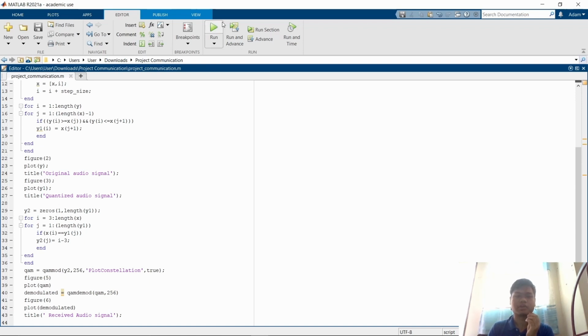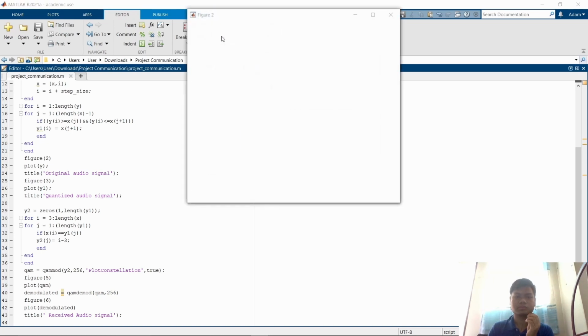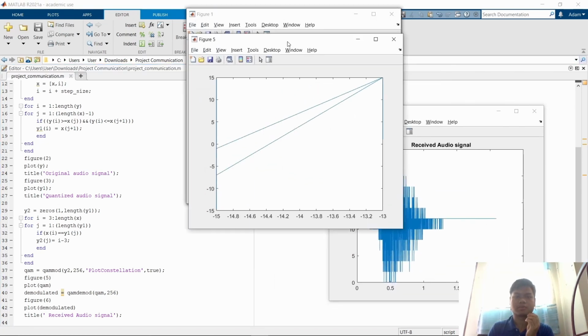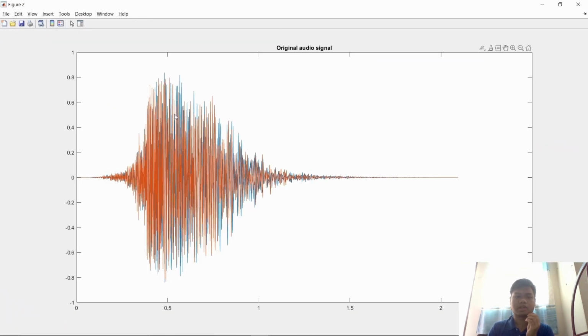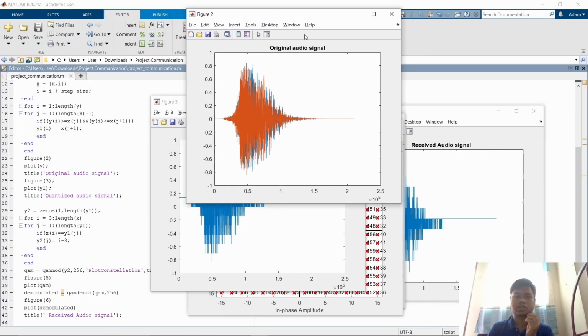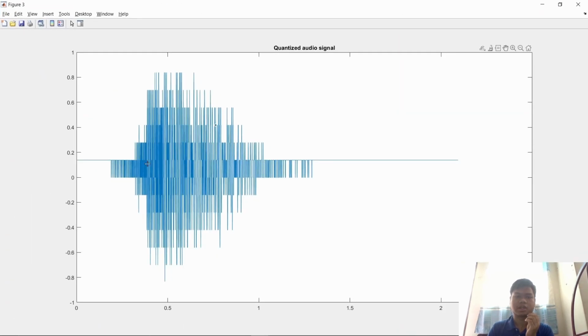Then if we run the simulation, we will get the output signal. This is the original audio signal that we transfer. As you can see, it will overlap the two signals. Then figure number 3 is the quantized audio signal. This is the combination of the two audio signals.